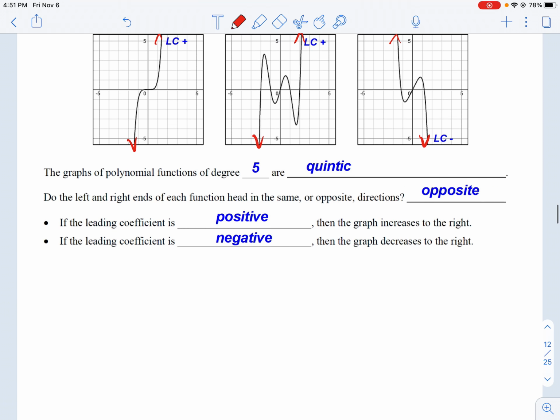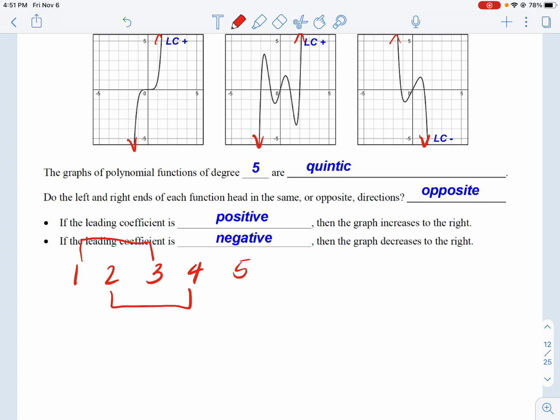Okay. Now, what degrees have we learned? We learned 0, right? So let's not include 0. Let's have 1, 2, 3, 4, and 5. And if you notice, the degree 2 and the degree 4 are the same. They are all in the same direction.